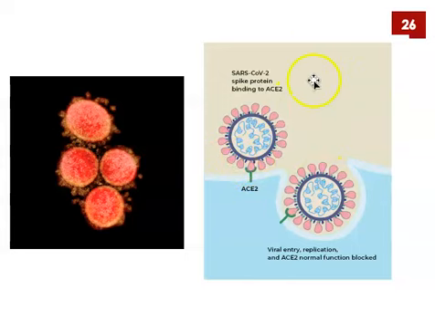The yellow, or cream-colored area, represents the outside of a cell in the human body, and the blue area represents the cytoplasm inside of the cell. And this light blue represents the membrane. So they've depicted the ACE2 receptor sitting in the membrane. It's this green structure right here.